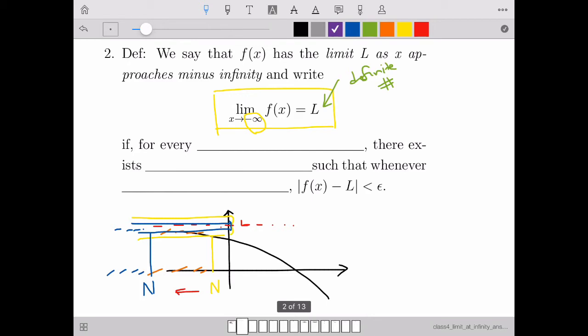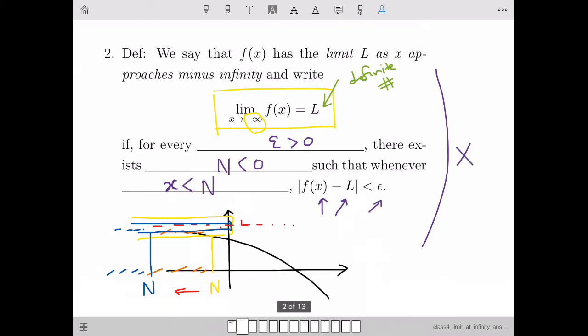If for every epsilon positive there exists n less than 0, such that whenever x is less than n, the distance between my output and L is within epsilon. So that's what it means. Okay. Again, you don't have to memorize. But that's the exact definition.